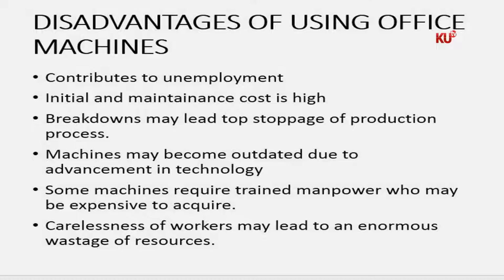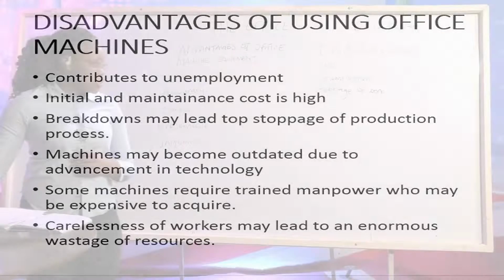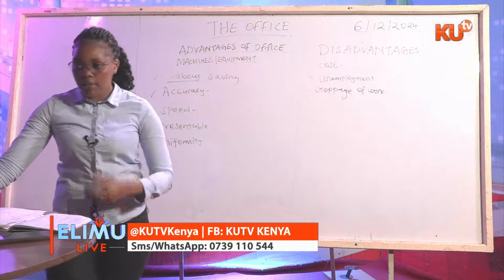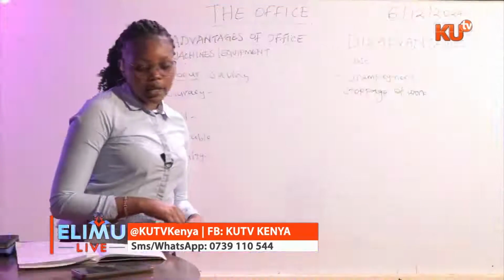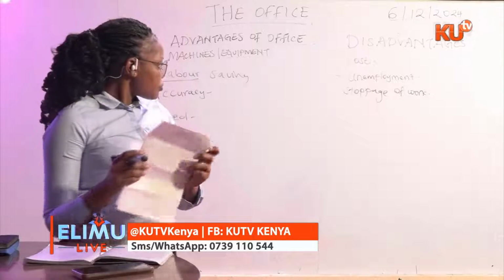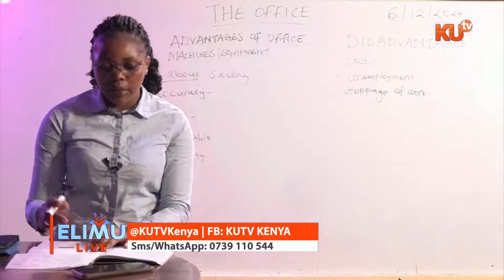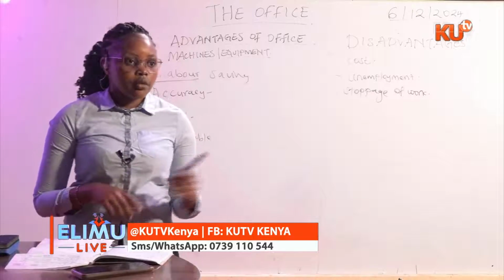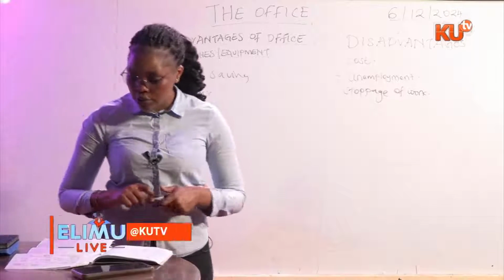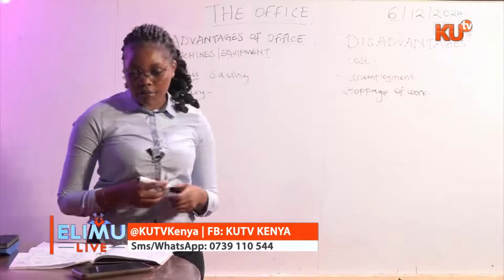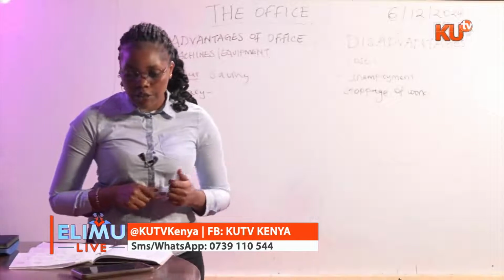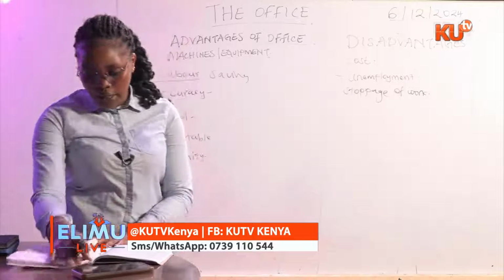If a process was ongoing and a machine breaks down in the middle of it, production stops until the machine is repaired or replaced with a new one. Also, most machines use electricity. So when there is no electricity in an organization or an office, the work has to be done manually, because the machine cannot function in the absence of electric power.